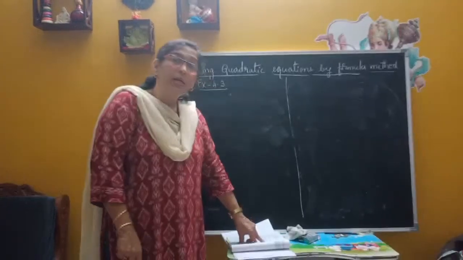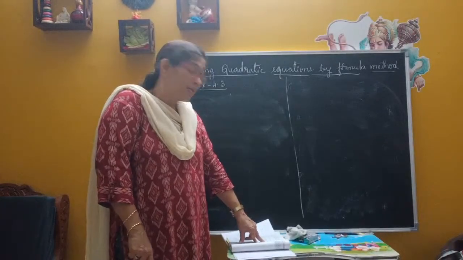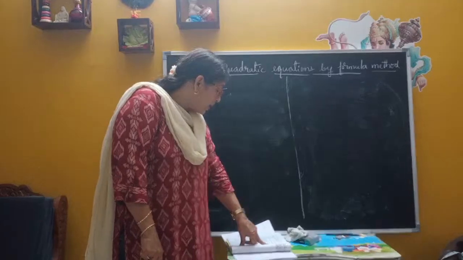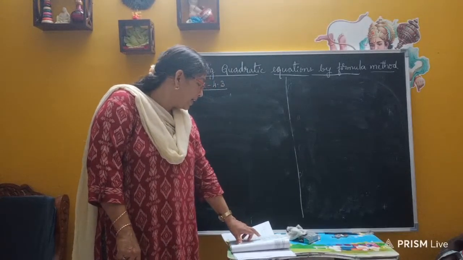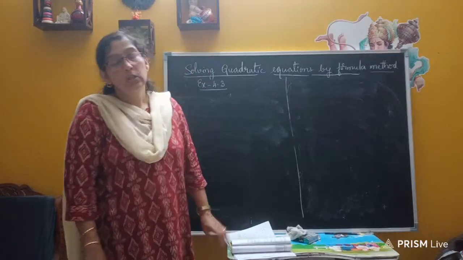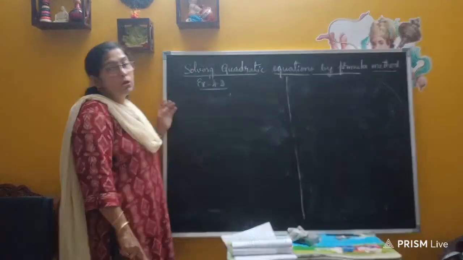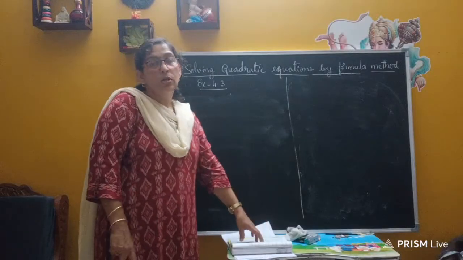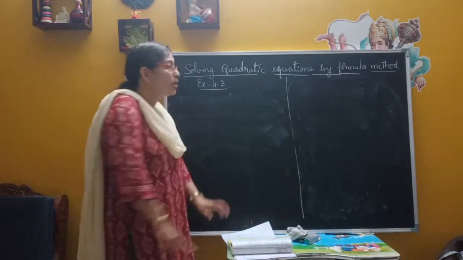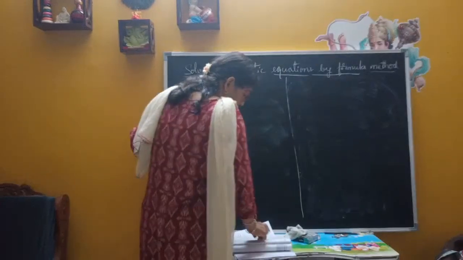Length is 2 times more than the breadth. Twice its breadth. And the area of the mango grove is given, that is 800 meters square. Using this condition, we have to check whether we can design a mango grove using these dimensions. Okay, so let us do this now. So third one.